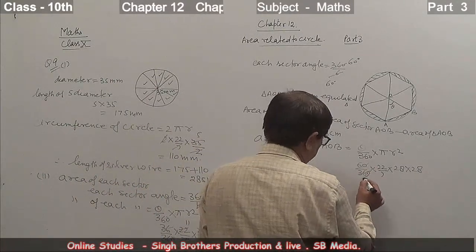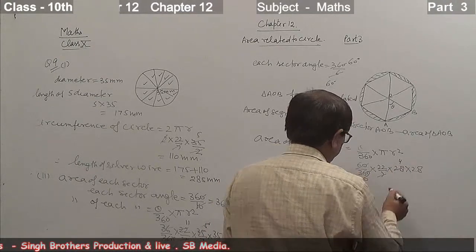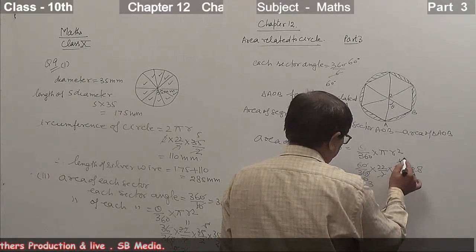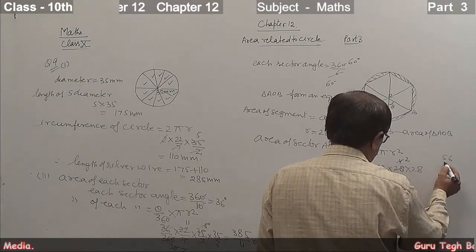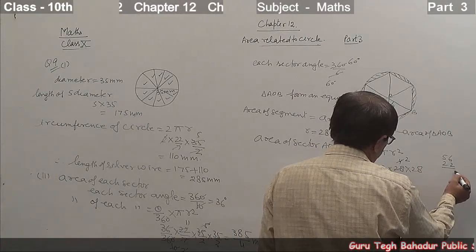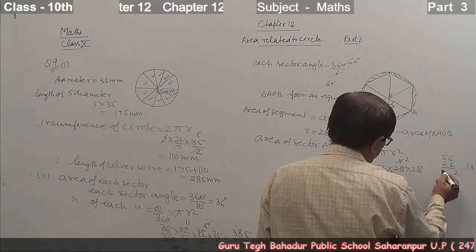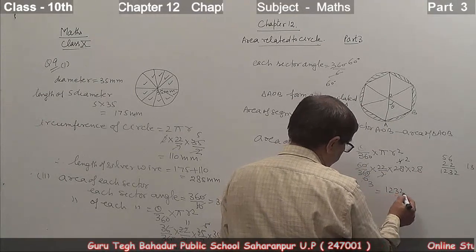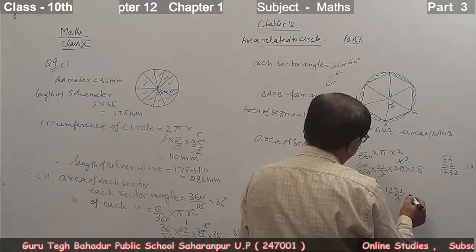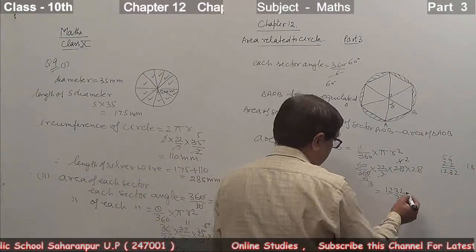Simplifying, 56 into 22 upon 6 gives 1232 upon 3 centimeter square.